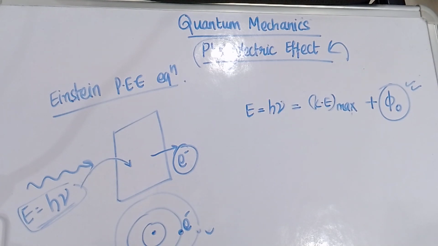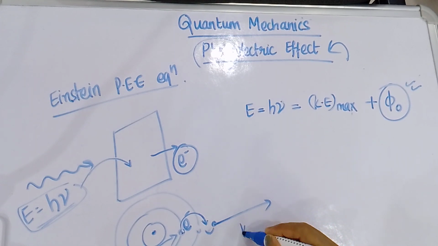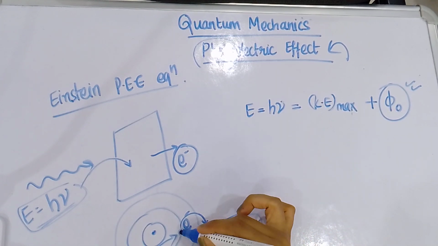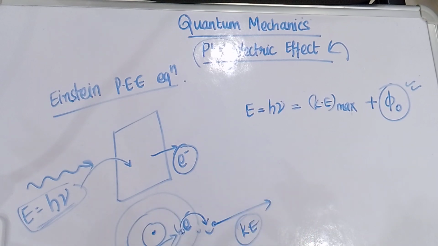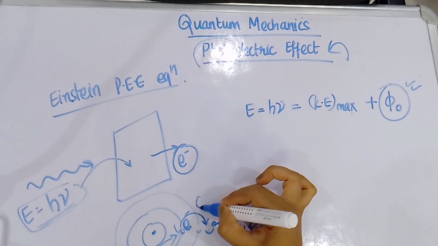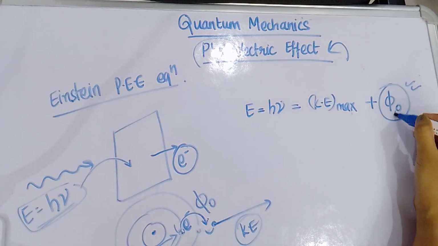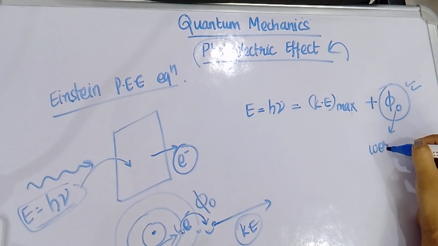So when the photon strikes here, it absorbs energy and then it tries to come outside of the shell first. It will try to get ejected out, come outside, and only then will it start moving. For motion only the kinetic energy part is there. But to come outside of the shell, it requires some energy, and that energy is known as phi naught. What is phi naught? Work function.